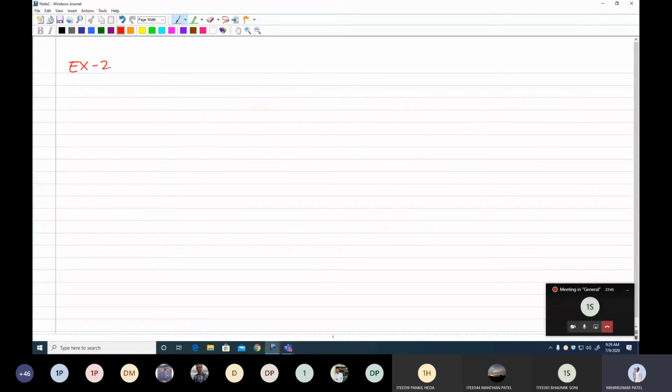Yes. Example number 2. Just draw the 4 bus network and write down the statement.